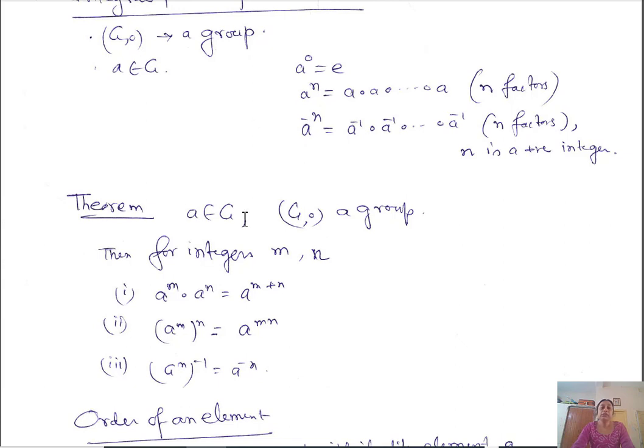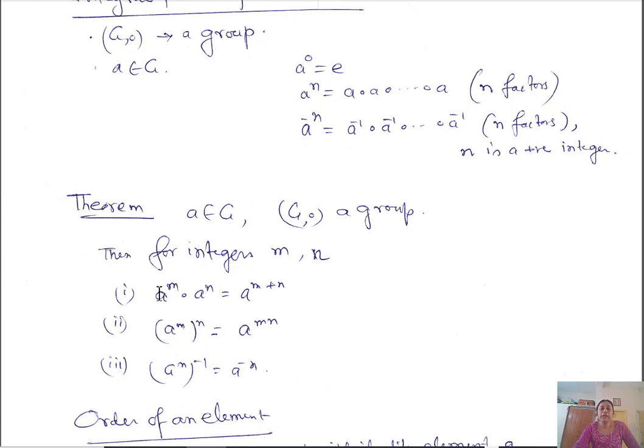Now in a group you can very easily show that if G, O is a group and A be an element of G, then for integers m and n, A to the power m composition A to the power n will be equal to A to the power m plus n. A to the power m whole to the power n equals A to the power mn. A to the power n whole inverse equals, this is A, this is not G, A to the power minus n. If you follow this definition of integral power, this follows immediately.